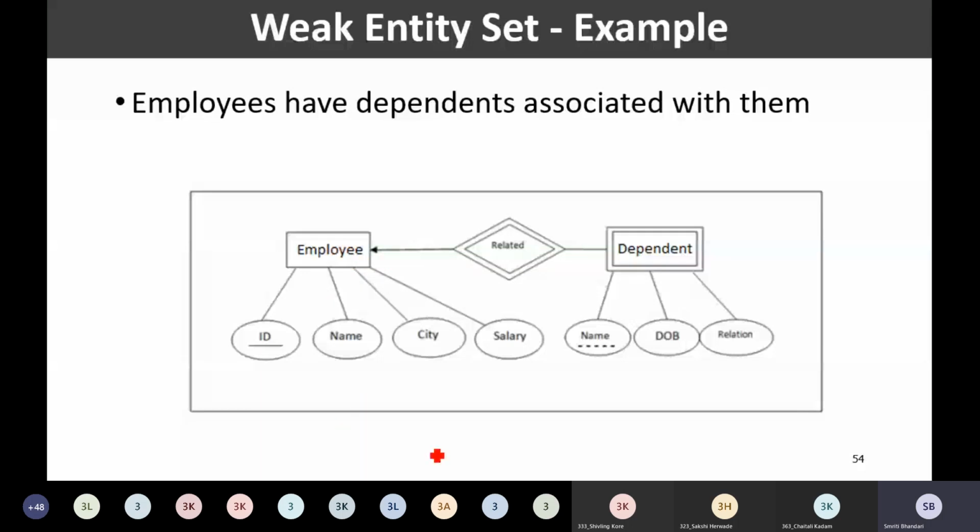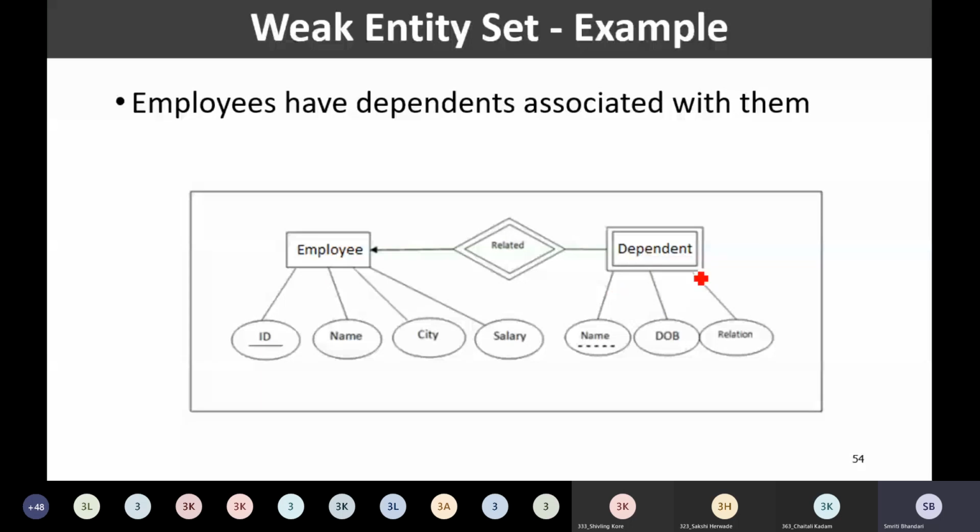Many times we need to provide information about the dependents who depend on us. So if I want to model such a thing, I can have dependent as the weak entity set that depends upon the strong entity set employee, right?